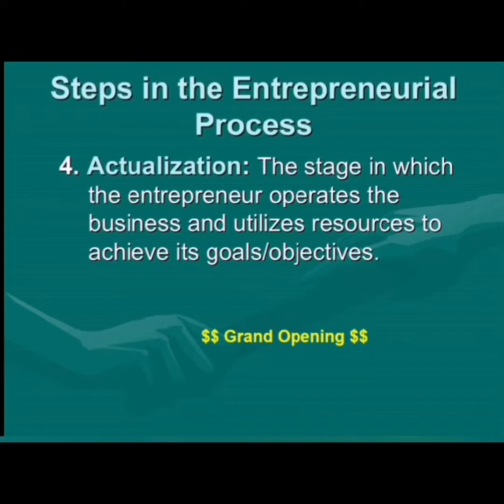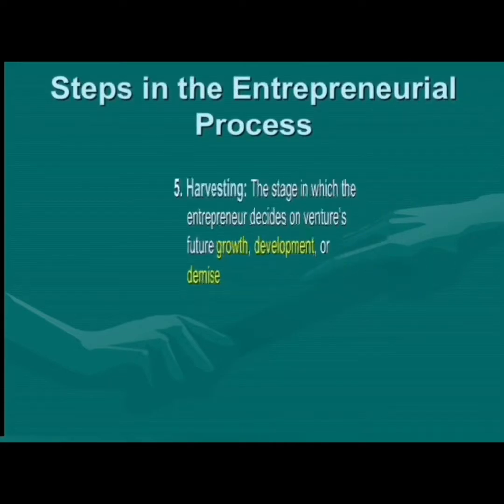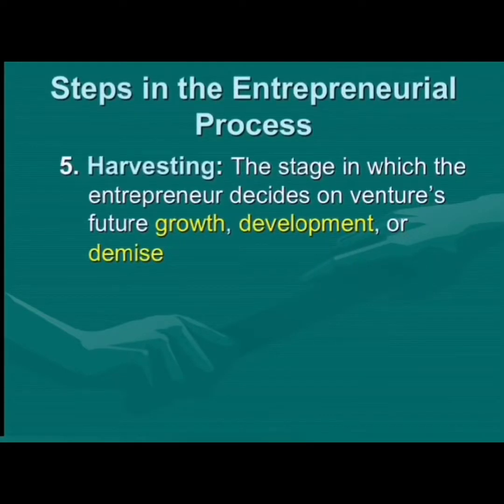Now he will move towards the opening, which is normally called the grand opening. The next stage in this process is called harvesting. In this stage the entrepreneur decides on the venture's future growth, development or demise.